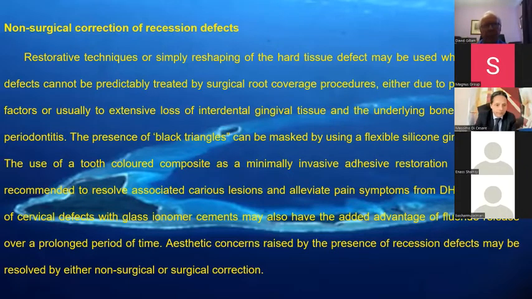It depends on the size of the defect and the size of the problem. The advantage of using something like glass ionomer is that it's claimed to release fluoride over a prolonged time. So aesthetic concerns can be raised by the presence of recession, and these can be resolved by either non-surgical or surgical correction. Sometimes simply smoothing off the defect may be sufficient as well. Next slide, please.